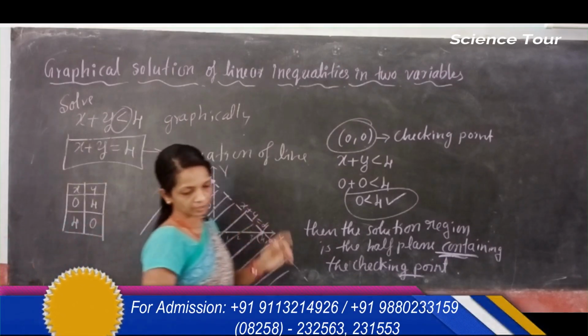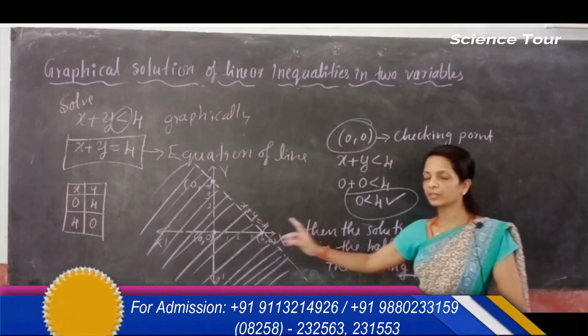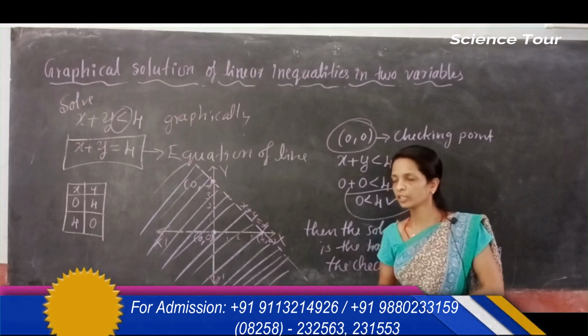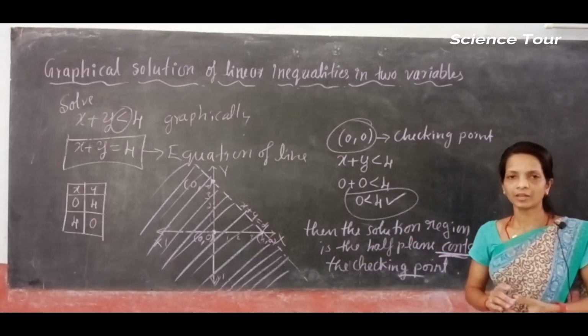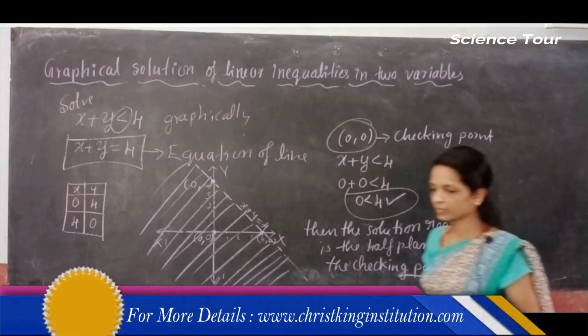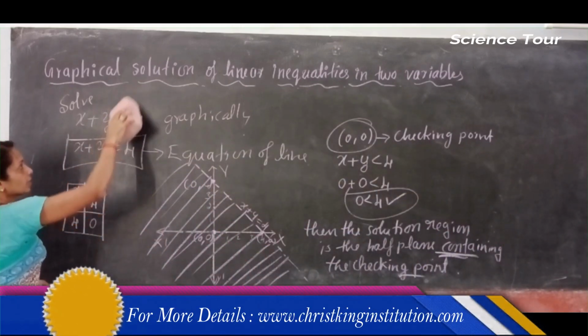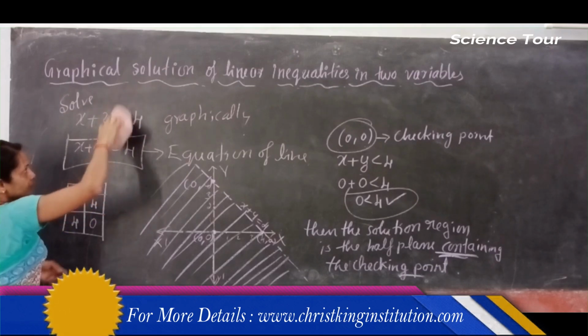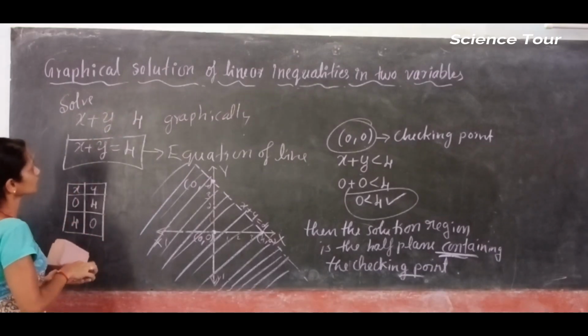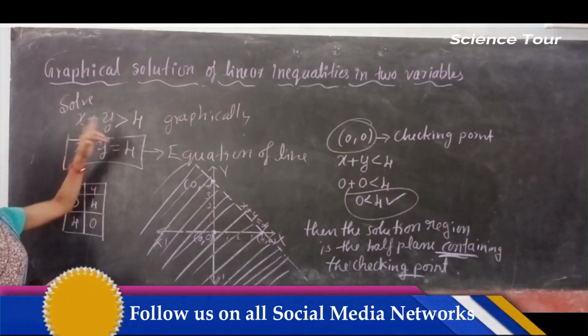So suppose you get a correct inequality like this, you shade, and that shaded region will be the solution region. Suppose you get a wrong inequality while taking a checking point. For example, suppose we take this one, x plus y greater than 4.